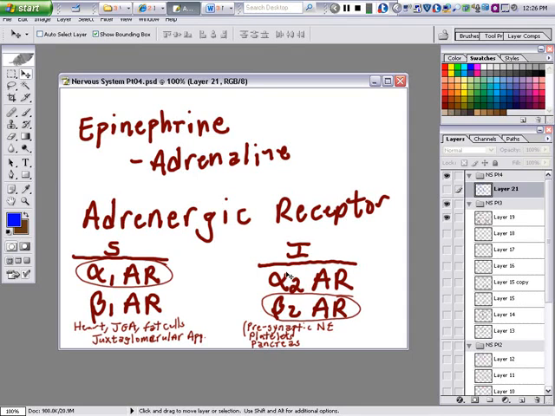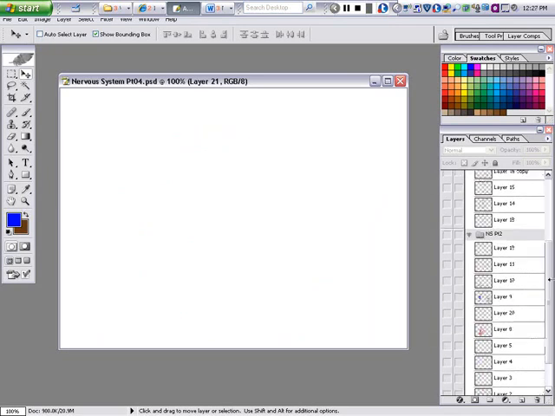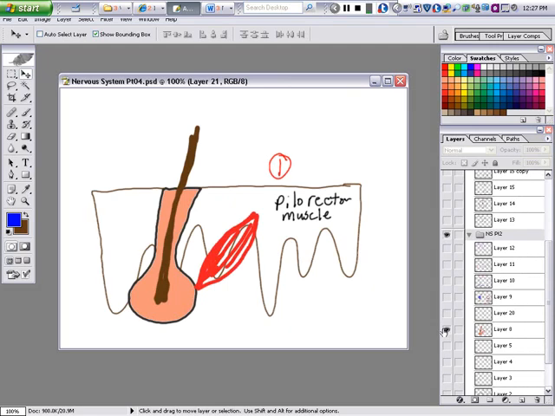So now we're going to go through our five tissues that we identified to receive a sympathetic response, and try to predict what type of adrenergic receptor is found there. Okay, so let's go back there. I think the last one was here. Our pilorector muscle has to contract to stand the hair up.